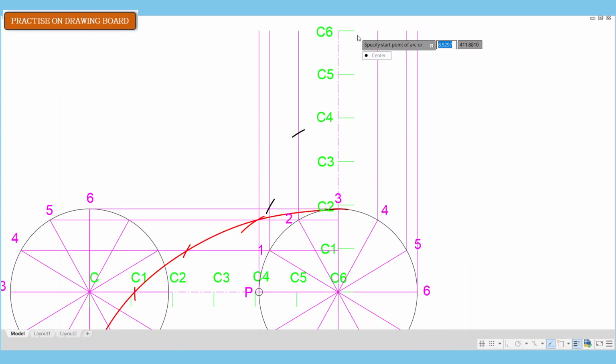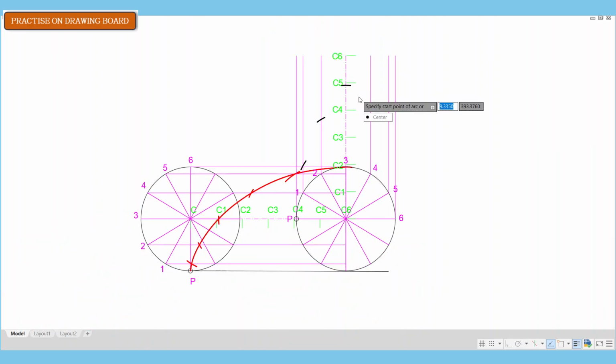So we move on to center 3. At center 3, the vertical line concerned is going to be the central line. So same radius of 25. We draw the arc.